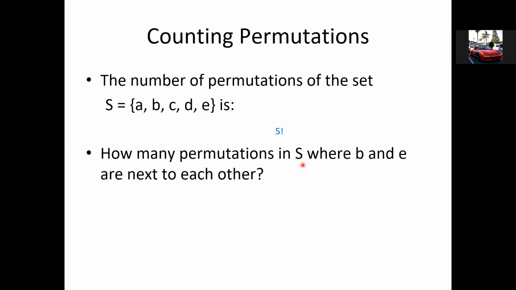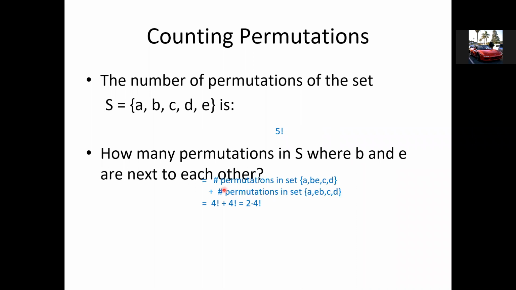How many permutations are there where I say that B and E must be next to each other? Let me give you a hint. Let's make B and E one letter. Yes, somebody says 2 times 4 factorial.